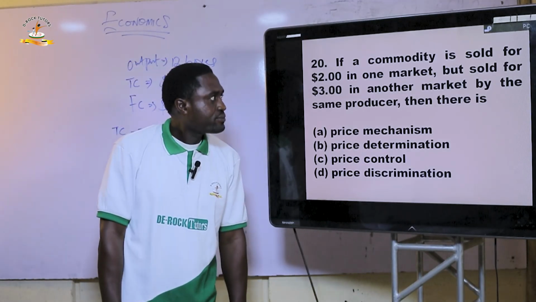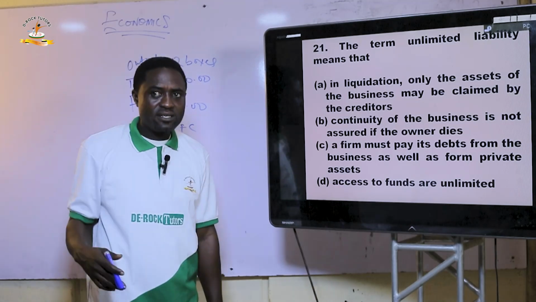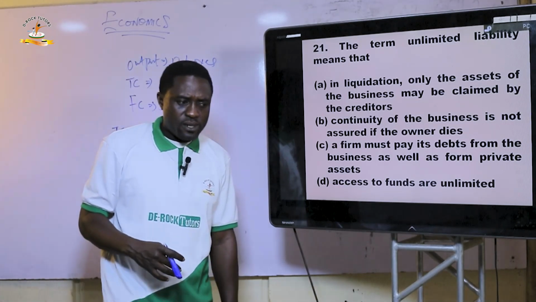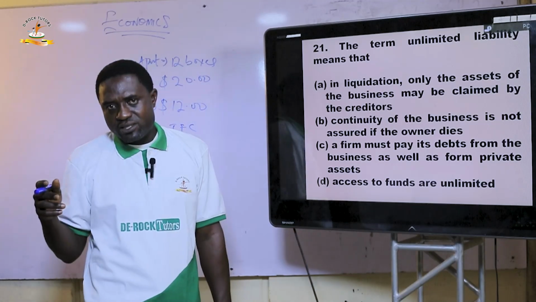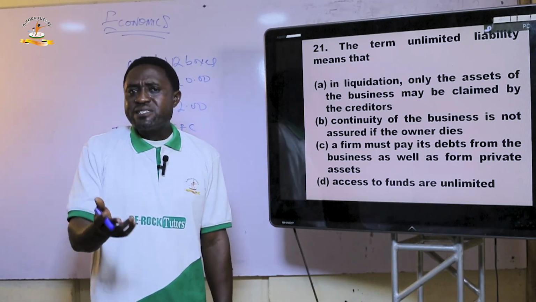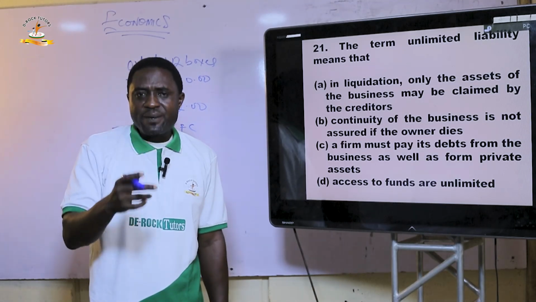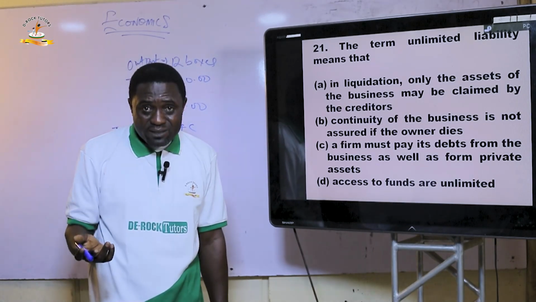Question 21. The term unlimited liability means that, you know, we have limited liability and we have unlimited liability. When we talk about limited liability, that means if you are doing business and you are owing a lot of people, there is debt.